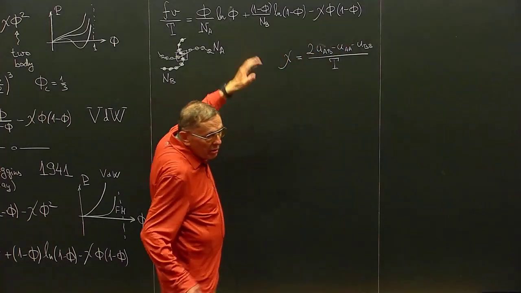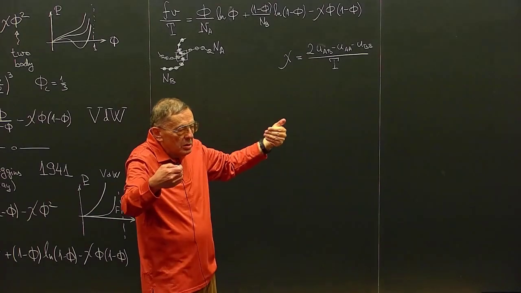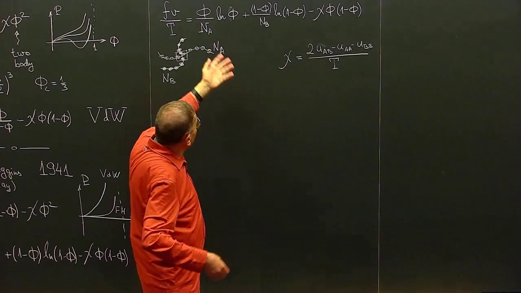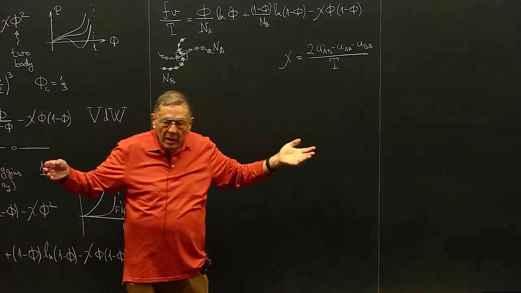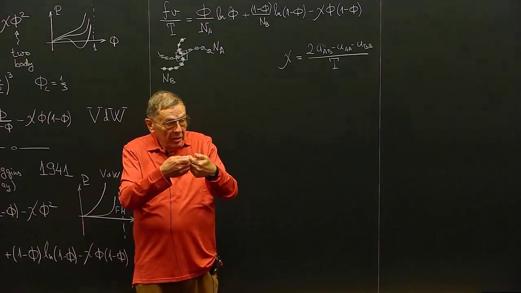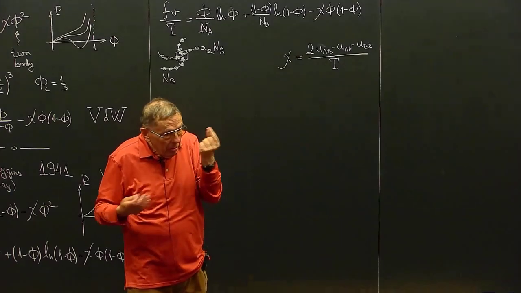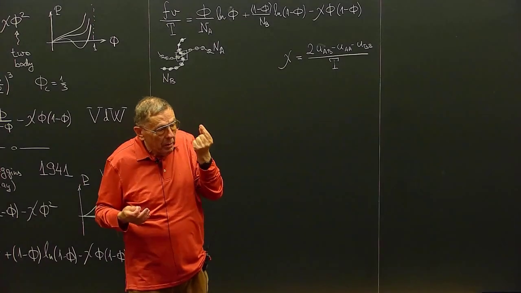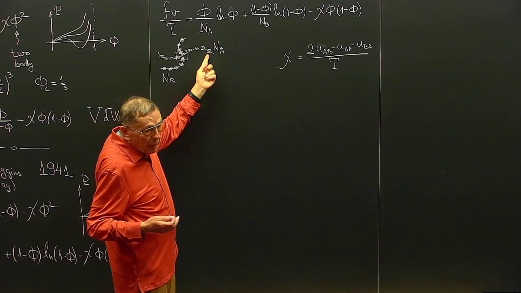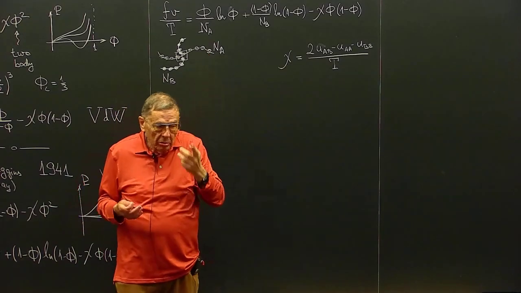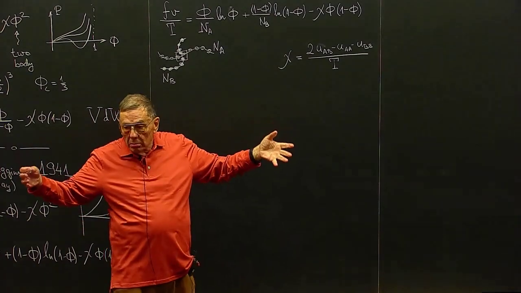And entropy loss, if you, for instance, separate two chains. Let's forget for a moment the difference between NA and NB. Suppose it's the same N. Then when you separate two chains, you gain energy, some amount per monomer, per 1 unit like this, and you lose entropy of about 1 kT of free energy per whole chain.